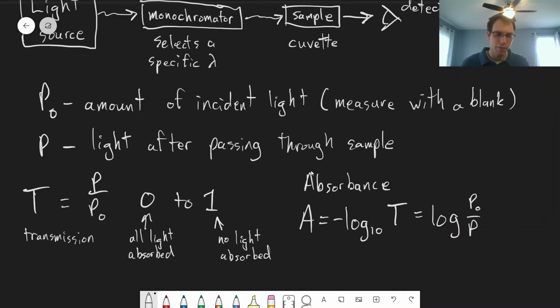Okay, so that's what we use to quantify samples, because according to the Beer-Lambert law, the absorbance of a sample is equal to the molar absorptivity epsilon, the path length b, times the concentration.